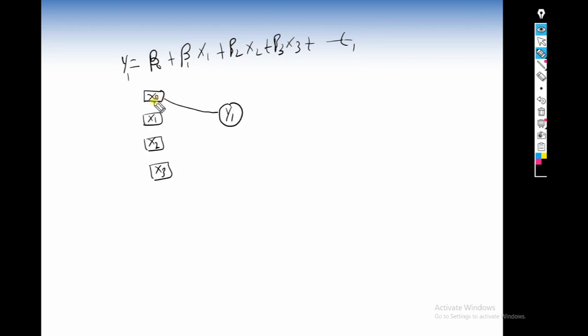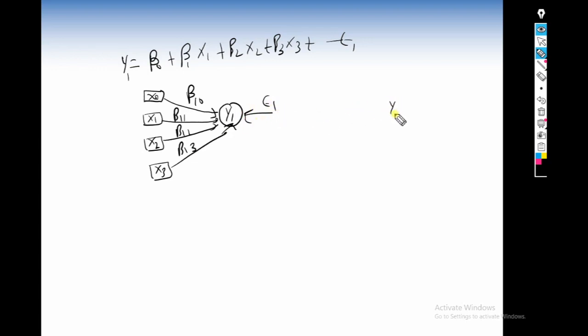X0 means the independent variable 0, its value is 0. The relationships are beta 1 0, beta 1 1, beta 1 2, and beta 1 3, and this is the error term epsilon 1.